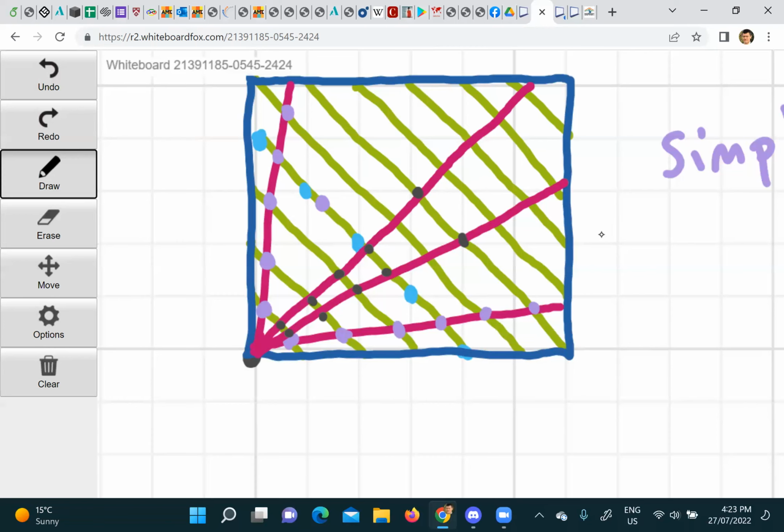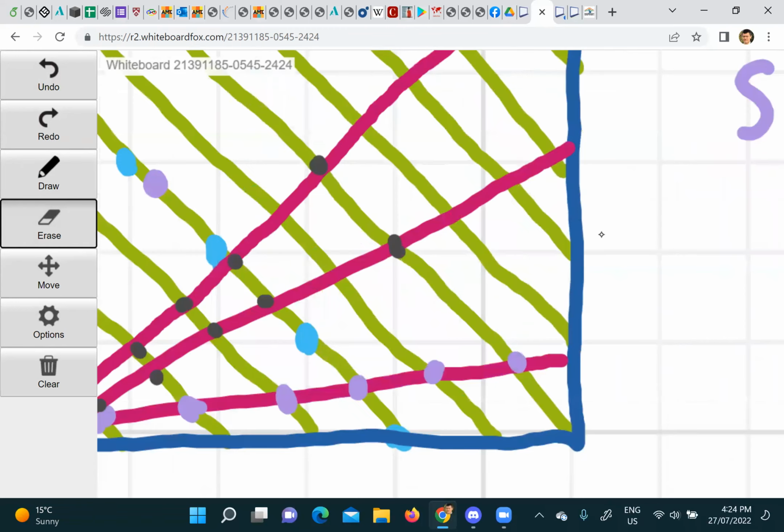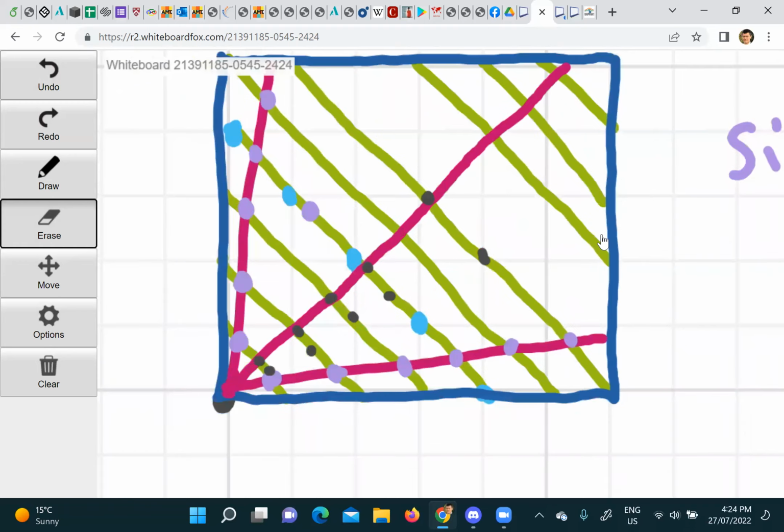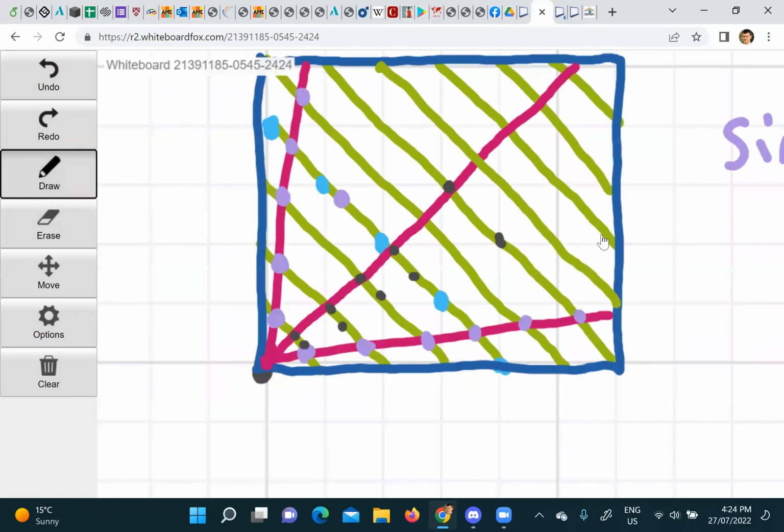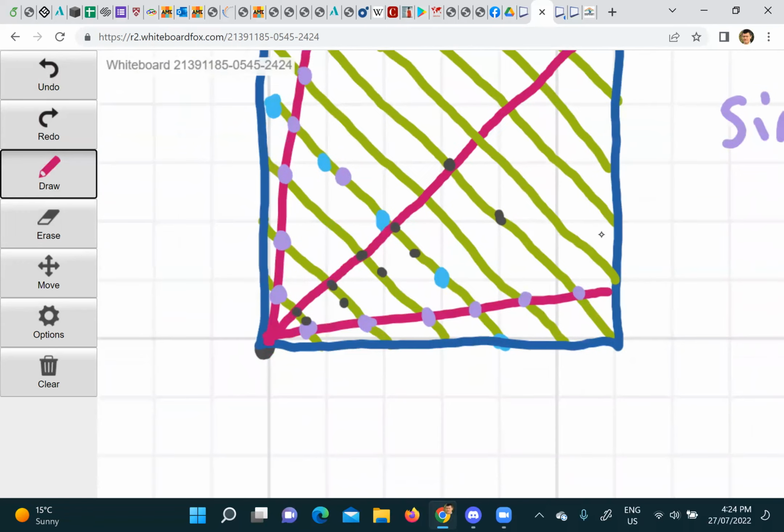Alright, so if we move the red square down a bit, we could beat 14, maybe.